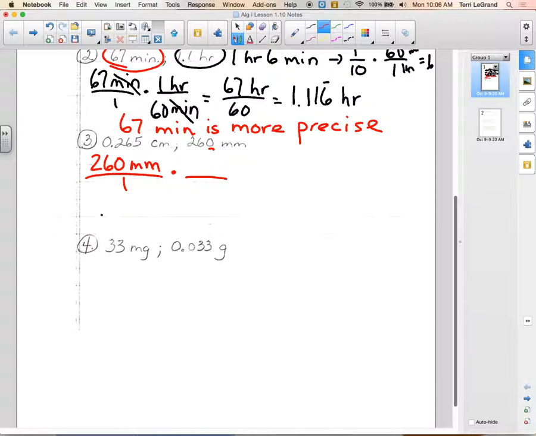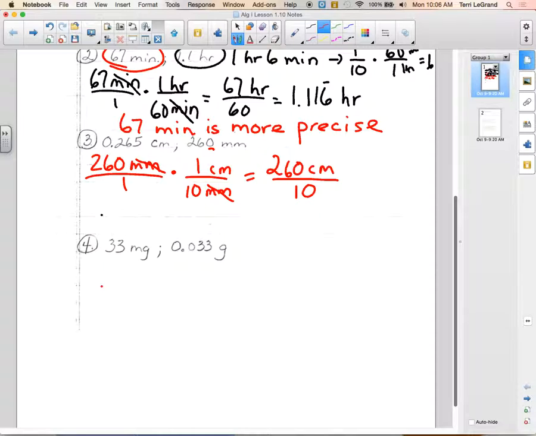So we need the millimeters to be up or down? Down. Down, so we need 10 millimeters down and 1 centimeter up. And then we say, okay, the millimeter label can cancel. And I'm gonna have 260 centimeters over 10.